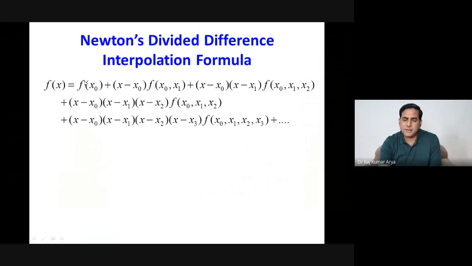So what you have here is f(x0). This is your first divided difference, multiplied by x minus x0, and then you have the second divided difference here. Then you will continue here.